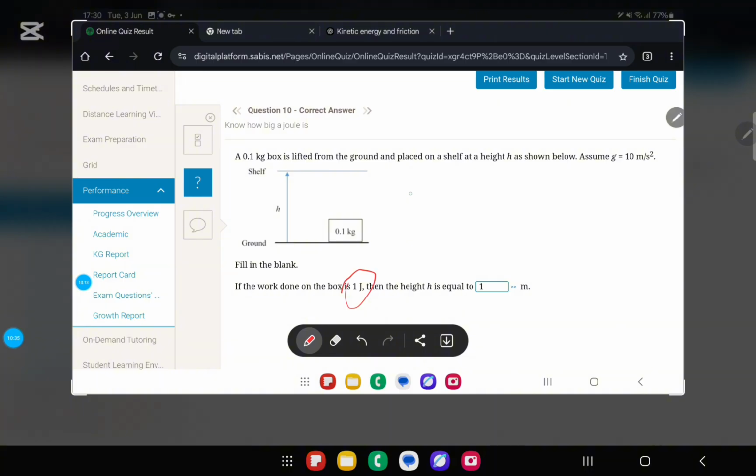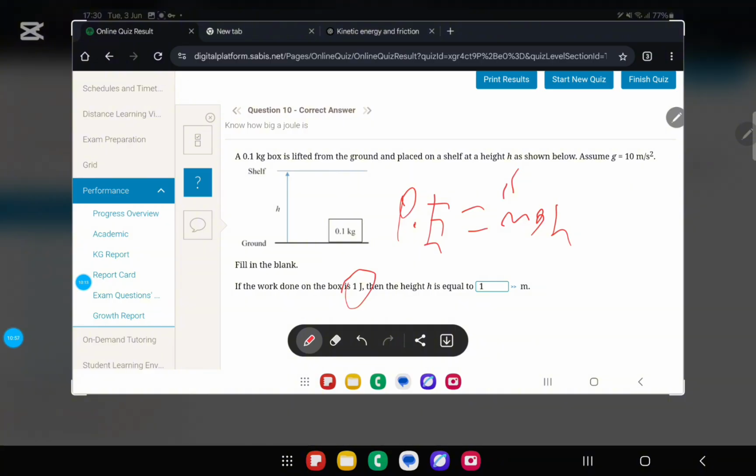Now I'm going to introduce you to a rule. The potential energy equals mgh: mass times gravitational acceleration times height. You apply this rule whenever you see a height or something lifted up from the ground. You know you have to use mgh.